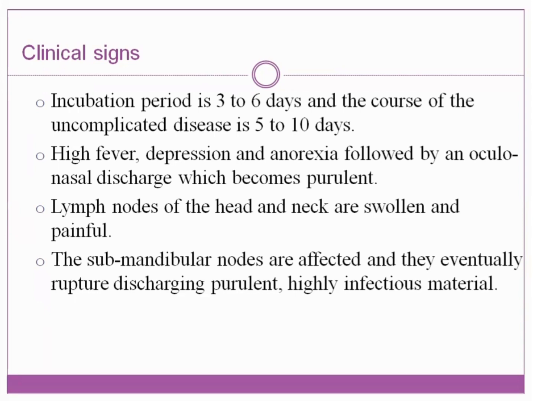So these are the starting features, and after that oculonasal discharge is a common finding, and after some time the discharge becomes mucoid to purulent. Next point: lymph nodes of the head and neck are swollen and painful. After some time, the submandibular nodes are affected and eventually rupture, discharging purulent and highly infectious material.